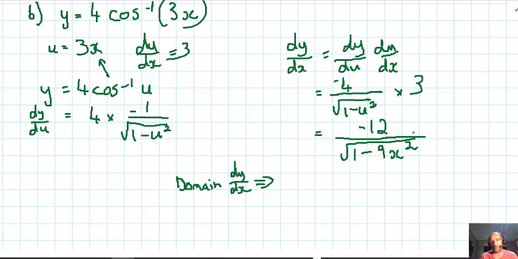It's all about what's under the square root sign staying greater than 0, because if it is 0, we've got negative 12 divided by 0, and if it's less than 0, we have the square root of a negative number which has no real roots, no real solutions. So in essence, the important statement is we must have 1 minus 9x squared greater than 0.